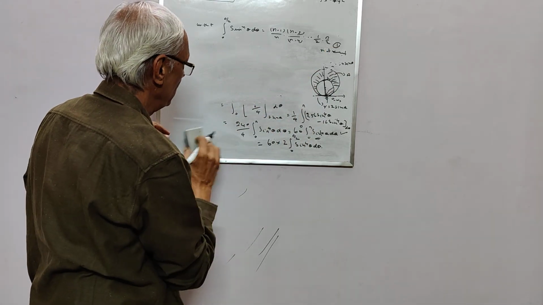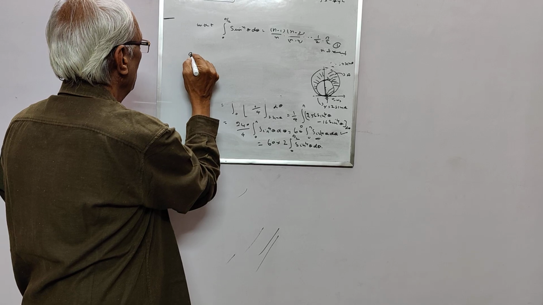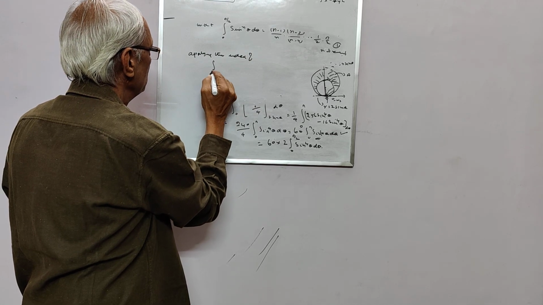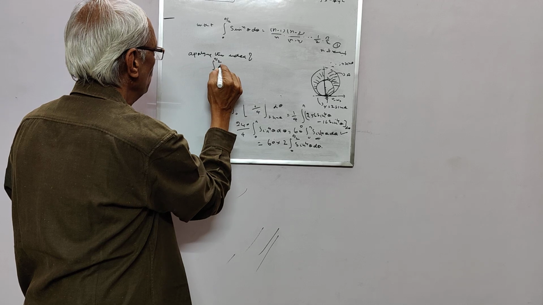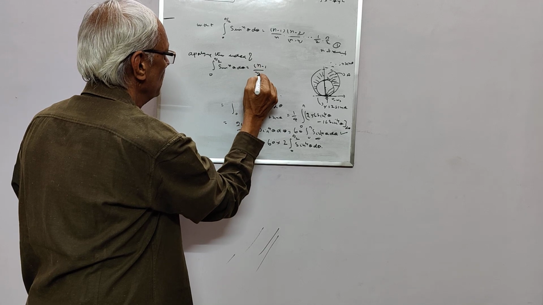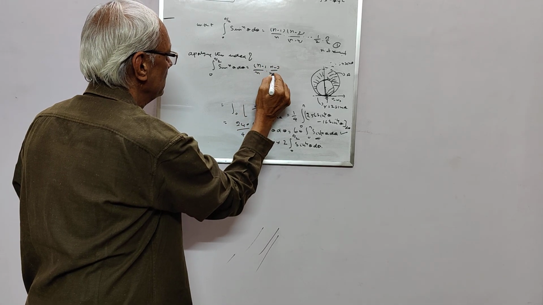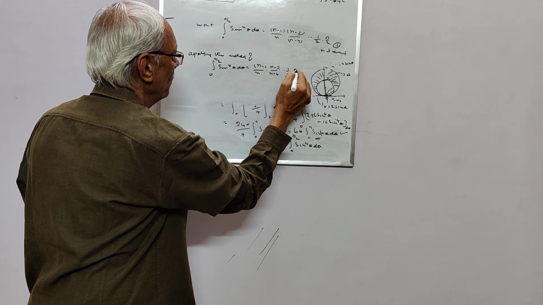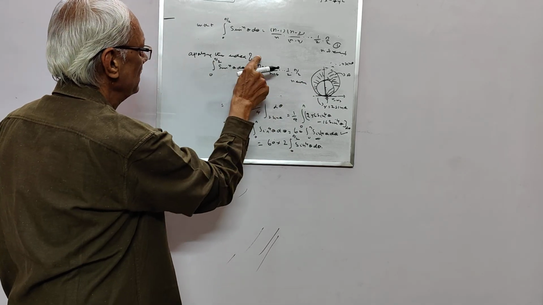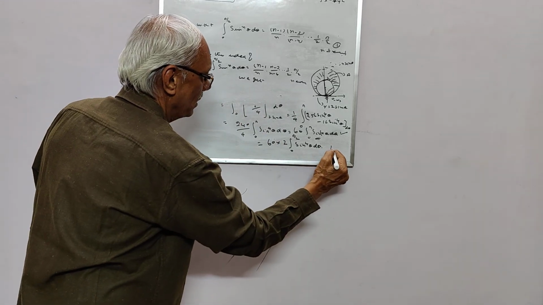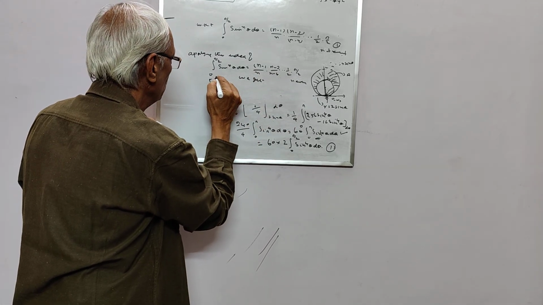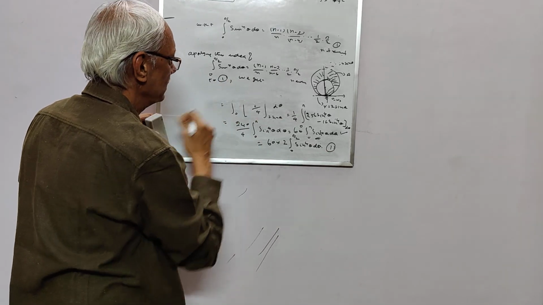Applying the idea that the integral from 0 to pi by 2 of sine to the power of n theta d theta equals (n minus 1)/n times (n minus 3)/(n minus 2) and so on up to half into pi by 2 for n even, applying this here, what do we get?